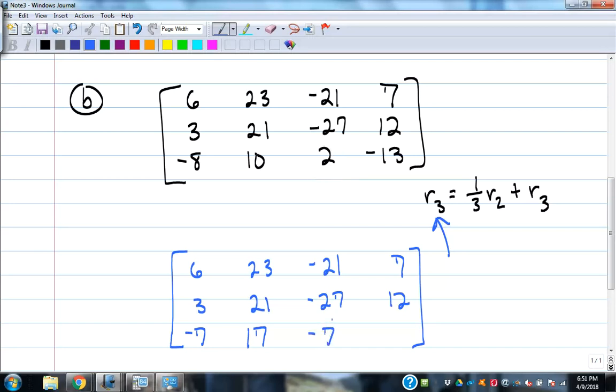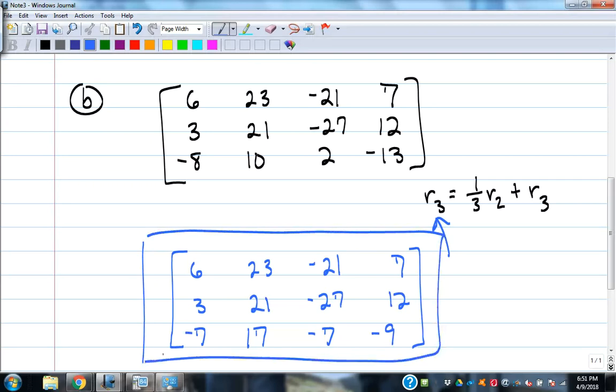Negative 7. 1/3 of 12. 4 plus negative 13. Negative 9. Okay, easy stuff.